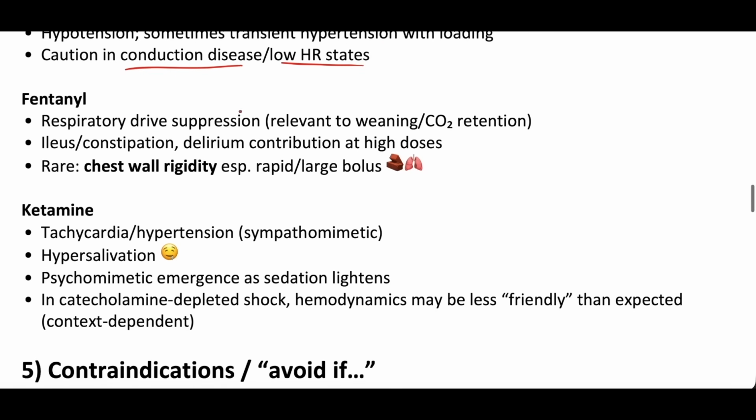All right, fentanyl. Classic adverse effects, respiratory drive suppression, which if someone is on a mode of mechanical ventilation that protects their minute ventilation, this isn't as big of a deal. But if someone is on a mode of mechanical ventilation where their minute ventilation might change based on their respiratory drive, such as pressure control or pressure support, then this can be meaningful.